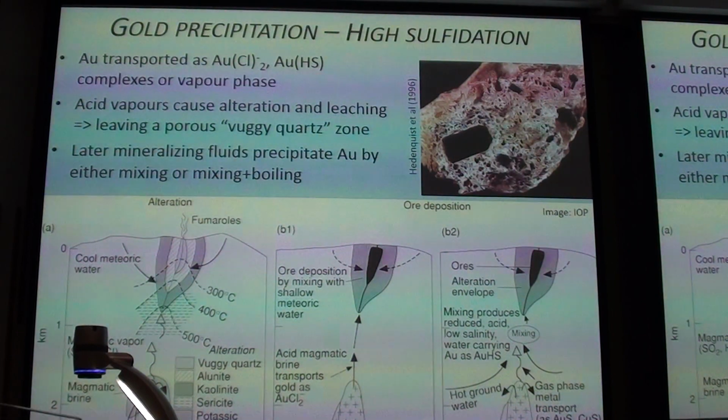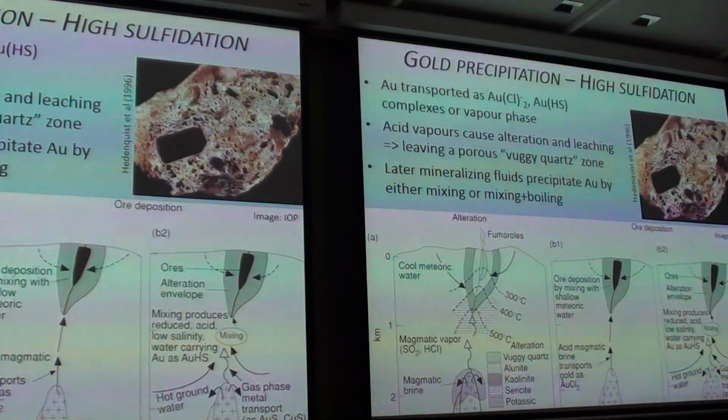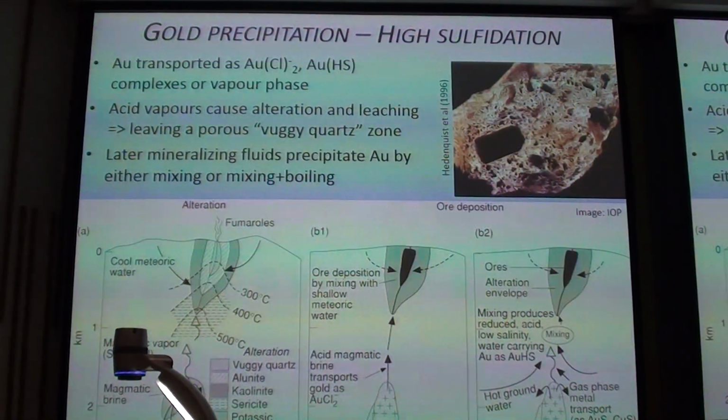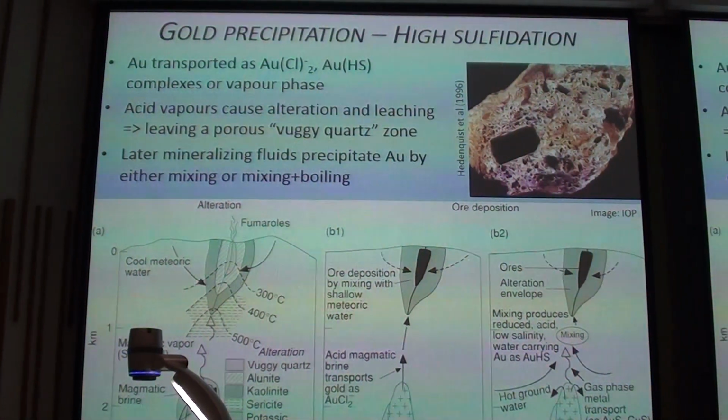And once we have an intrusion that releases the fluids, the fluids, as we said, are strongly acidic, and so they basically flux through the country rock and end up leaching out the mobile elements, potassium and sodium. They leach out feldspars, as is the case in the image there, and they basically leave just quartz or silica.